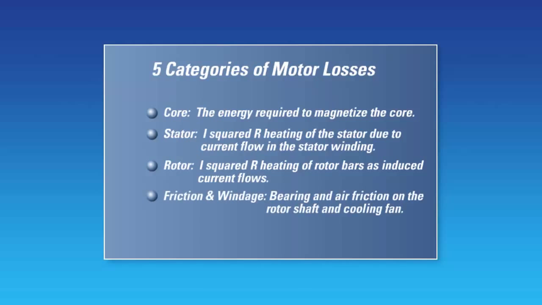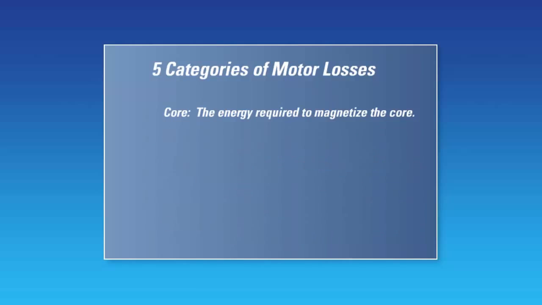Friction and windage losses. Friction and windage losses are due to bearing and air friction. Stray load losses. Stray load losses are due primarily to leakage reactance fluxes induced by the load current. Core, stator, and rotor losses typically make up greater than 80% of the total motor losses.